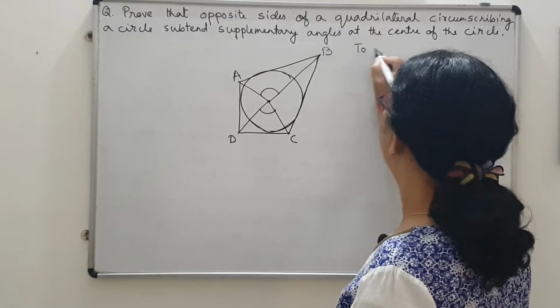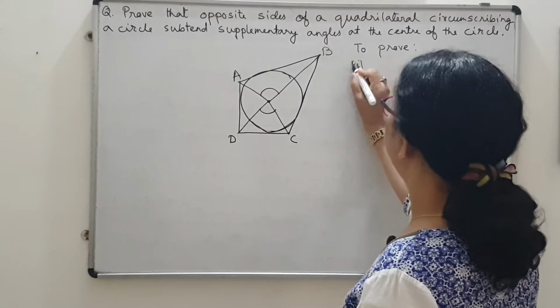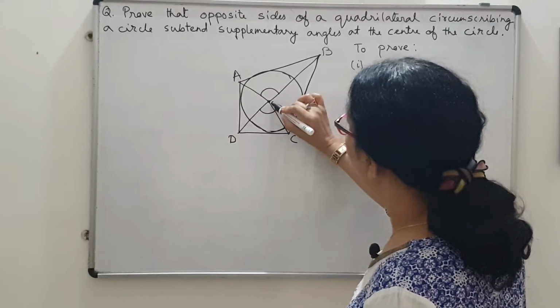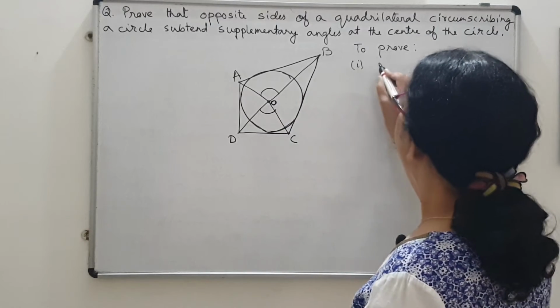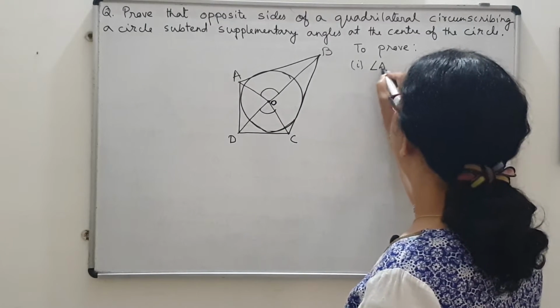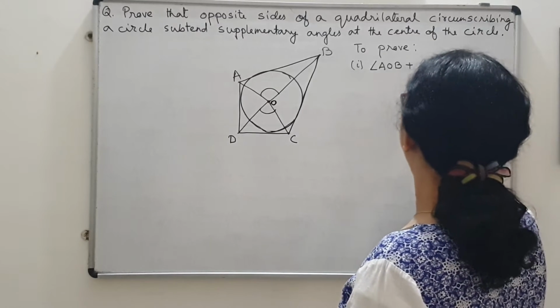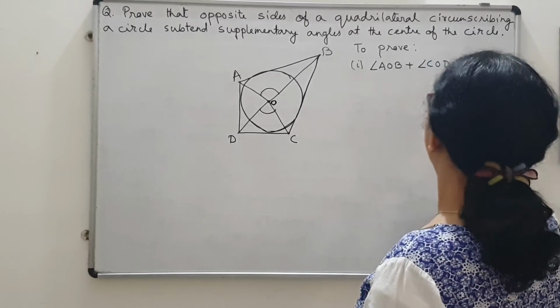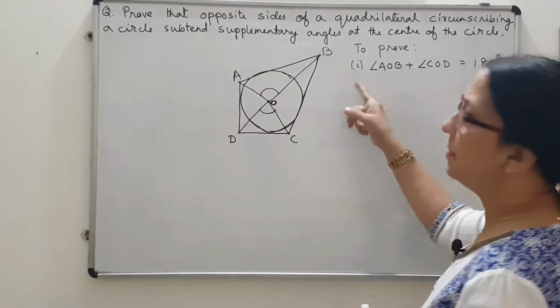So what you have to prove? First part, give a name, say O. O is the center of the circle. So you have to prove that angle AOB plus angle COD is equal to 180 degree. That is the meaning that these two angles are supplementary.